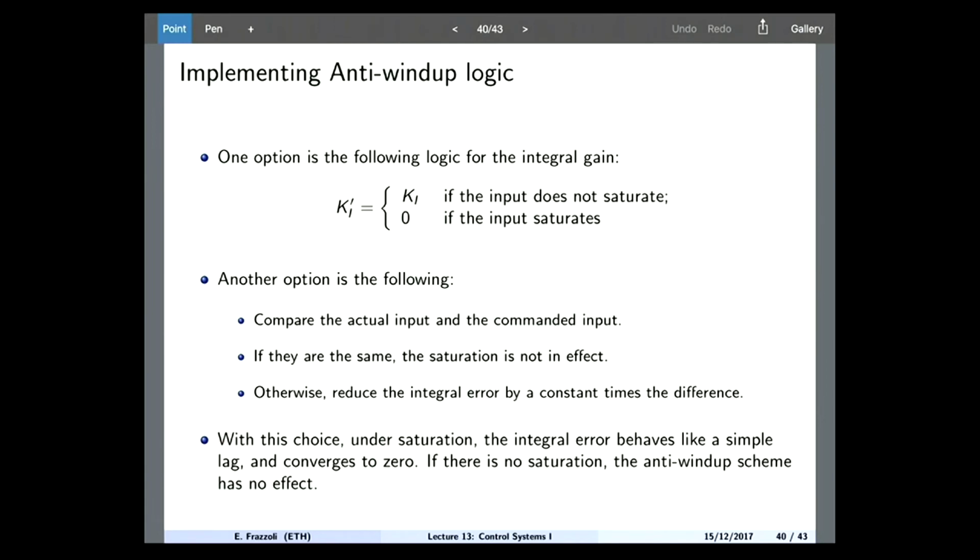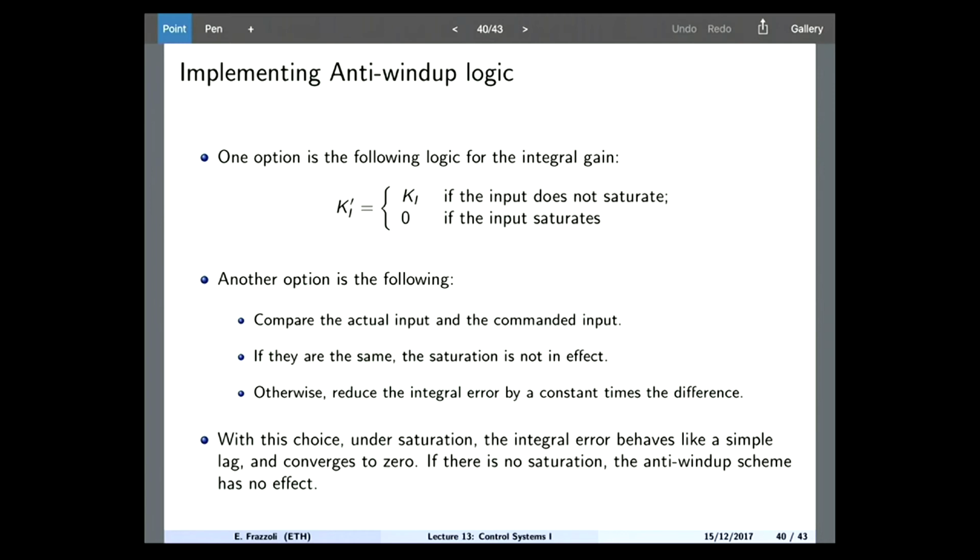There is a more elegant solution, in which you do the following. Compare the actual input you're able to give, the saturated input, with the linear input, the ideal input. If they're the same, so their difference is 0, then there is no saturation. If they are different, then there is some saturation. Then you can reduce the integral error by a constant times the difference.